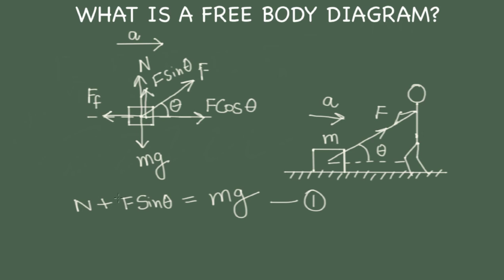And since the block is moving in the right direction, the net force, that will be the difference of this component of force F cos theta minus the friction force, is equal to mass into acceleration, since it is moving in the right direction with an acceleration of a. So this will be our second equation of motion. So this is how a free body diagram has helped you write down the equations of motion for this particular block.